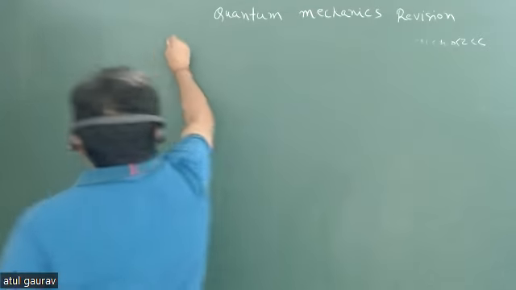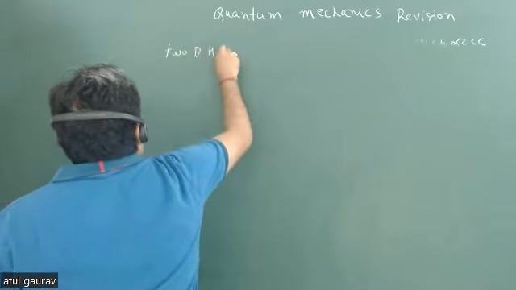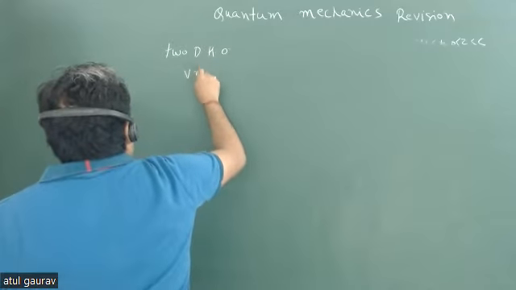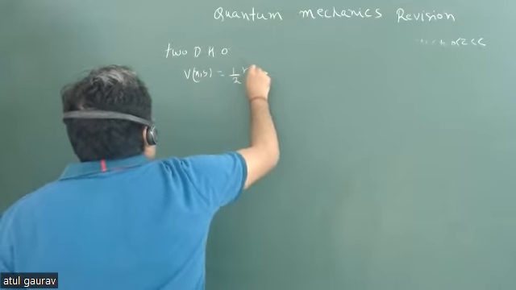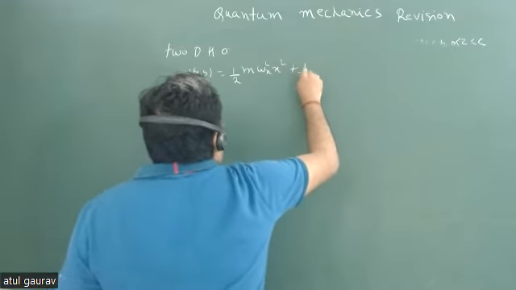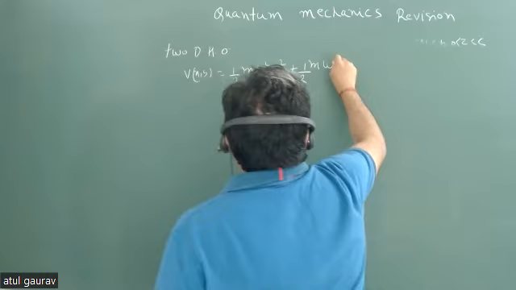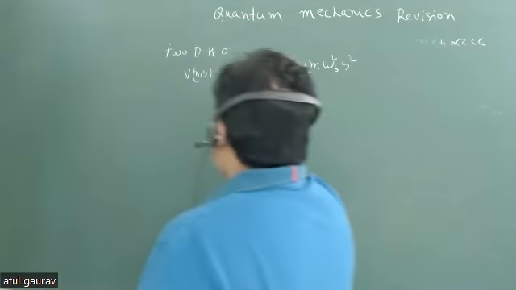And what is your 2-dimensional harmonic oscillator? So you have V(x,y) equal to half m omega x squared plus half m omega y squared. And what will be your energy eigenvalue?